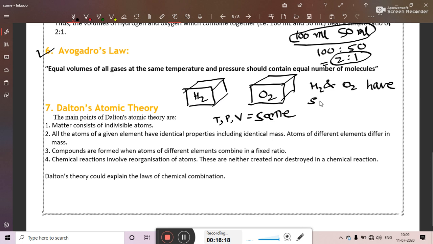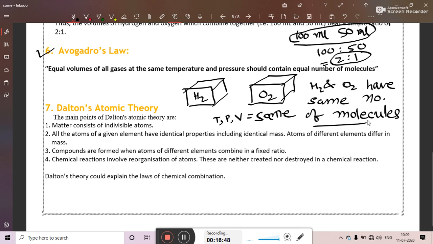So we have to accept that they will have the same number of molecules. So equal volumes of different gases at the same temperature and pressure should contain an equal number of molecules.